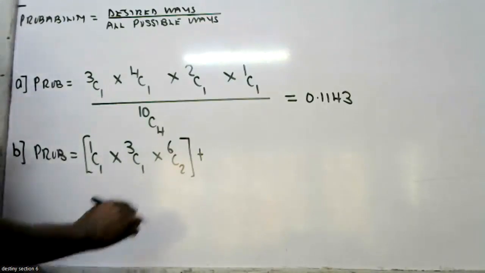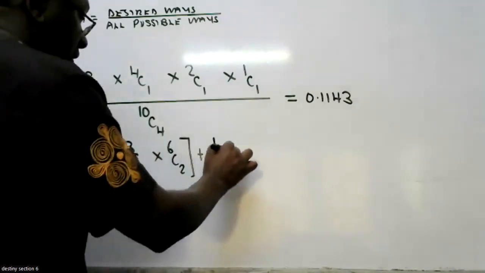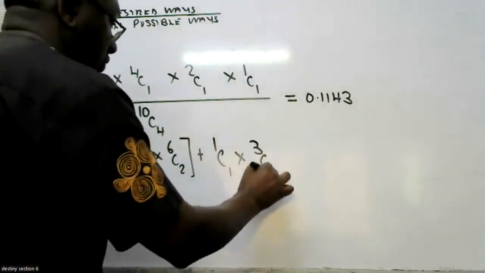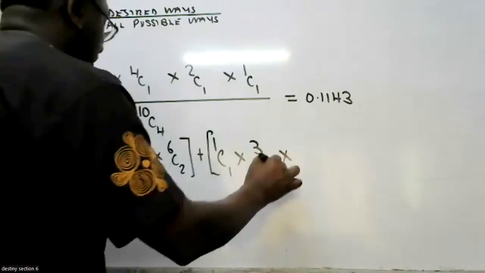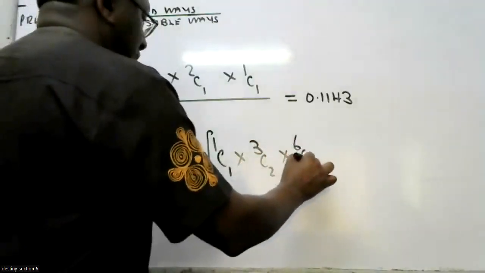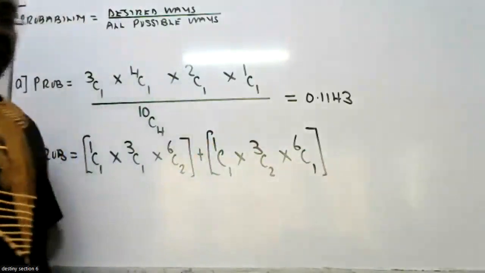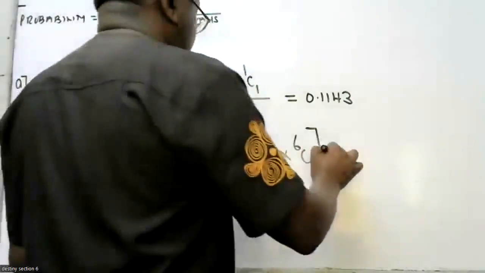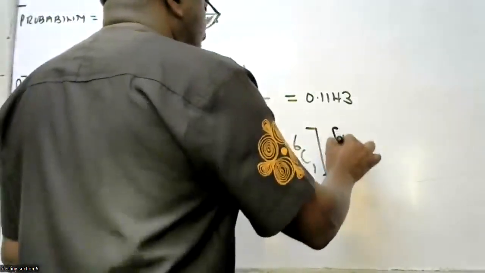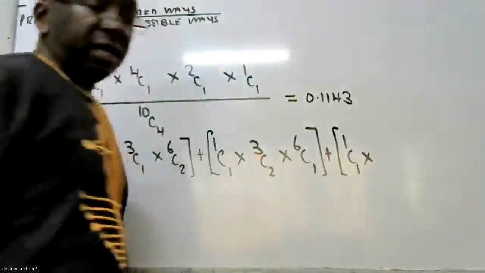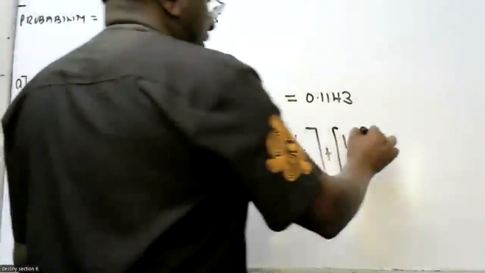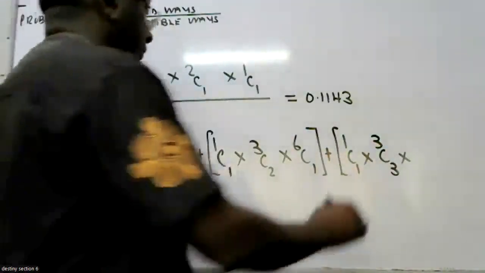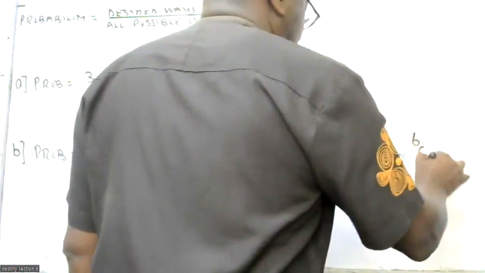The second possibility is you have the doctor, and because we are told at least 1 economist, from the 3 economists, we can have 2 guys, and then from the 6 others, we have 1. The next one is from 1 doctor, 1, from the 3 economists, we have 3 guys, 3 combine 3, and from the 6 others, we get no one.